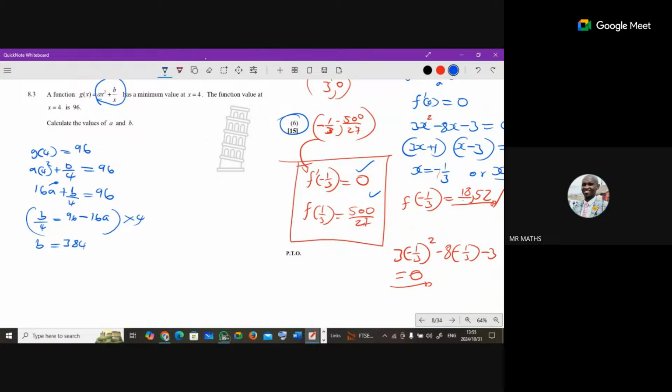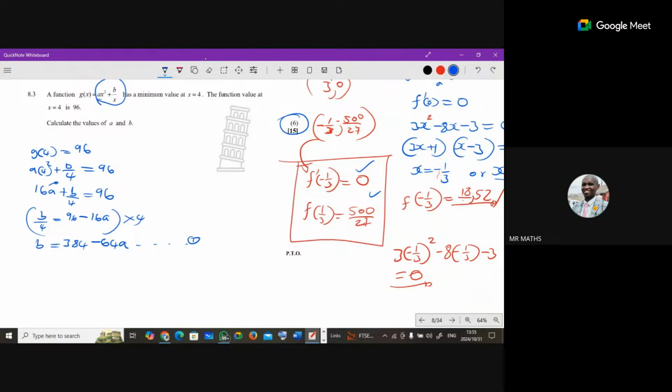Then 16 multiplied by 4, 64. So it's going to be negative 64a. So you can just say this is your equation 1, even if you didn't write it as equation 1, and you are done with the first part.